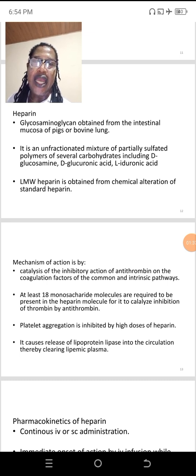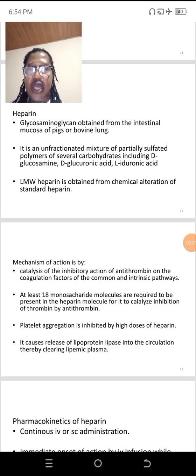And this is why the mechanism of action of the low molecular weight heparins is different from this, as stated here for unfractionated or standard heparin. Then heparin can also cause aggregation of platelets when it is administered at standard doses. However, it's doubtful if this contributes to the anticoagulation effect of heparin.